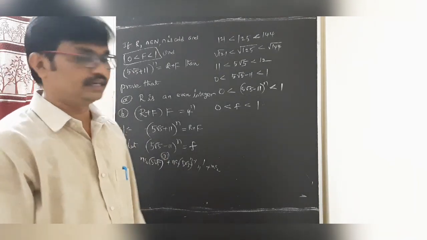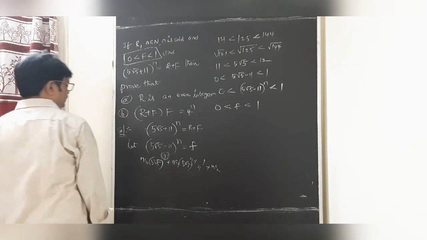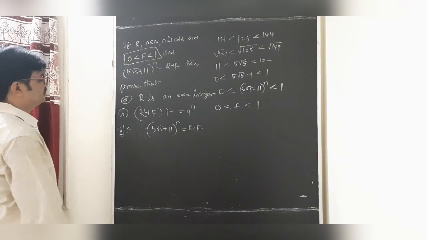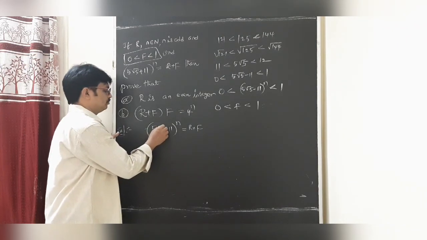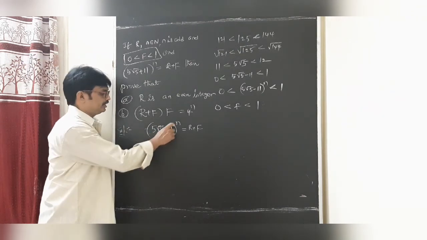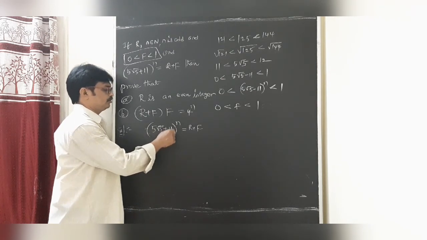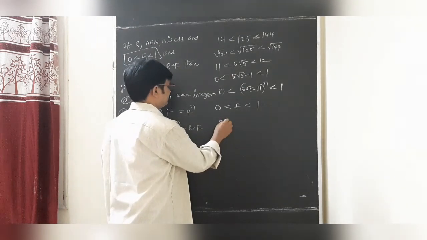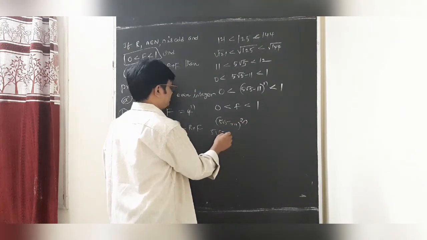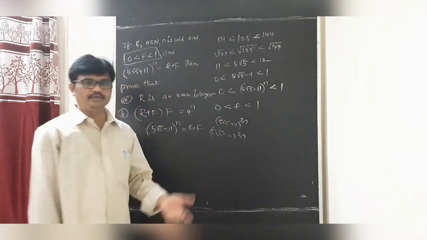So my dear students, my observation is that we have to prove that r is an integer. When n is even, either in sum or subtraction, it will be cancelled. So what is the meaning here? What is the observation? When we are taking n even, suppose (5√5 + 11) whole square and (5√5 − 11) whole square. So students, a square, 2ab, b square.